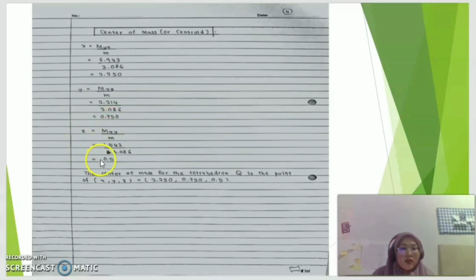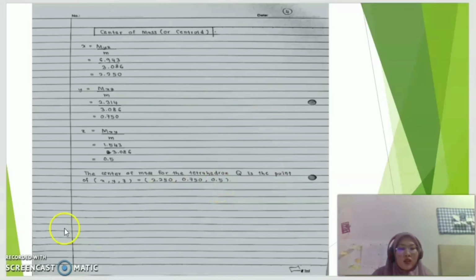Then the center of mass for the tetrahedron is the point (x, y, z) equal to 2.25, 0.750, and 0.5 respectively.